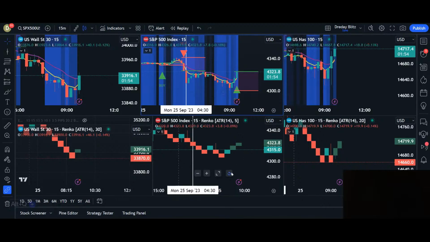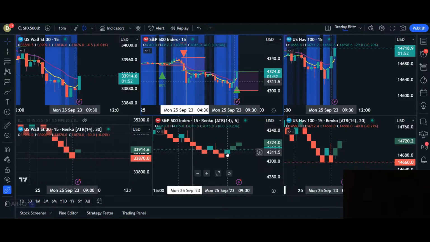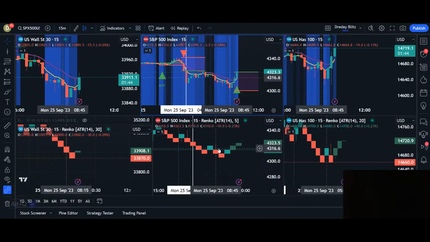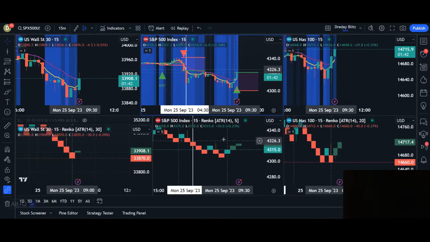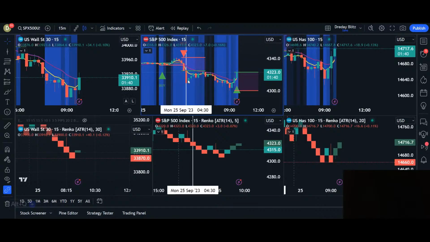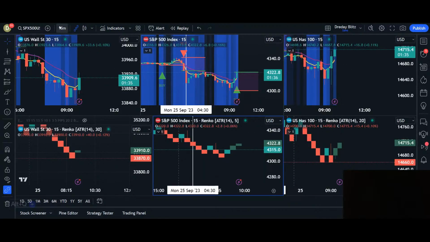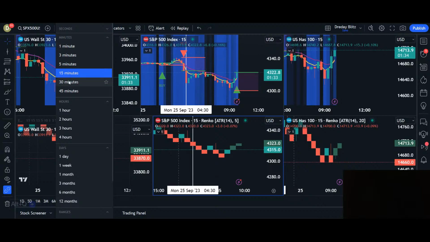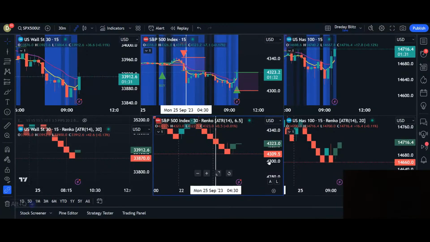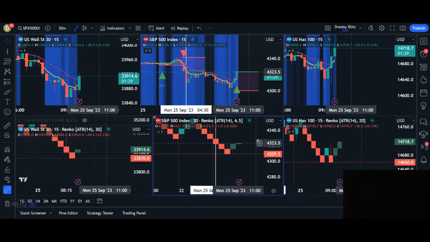As of now, if you were on that trade and that Renko bar is fully created, that means I would be out of that trade if I kept my trade off of the 15. Let's look at the 30 to see if the 30-minute Renko gives us a confirmation.